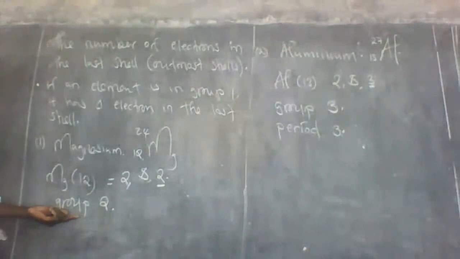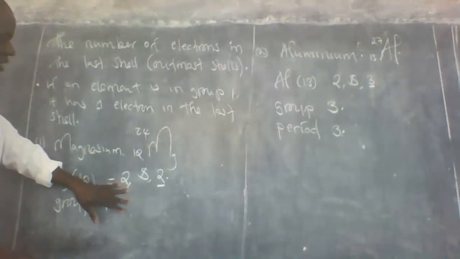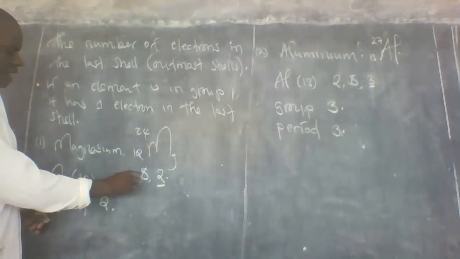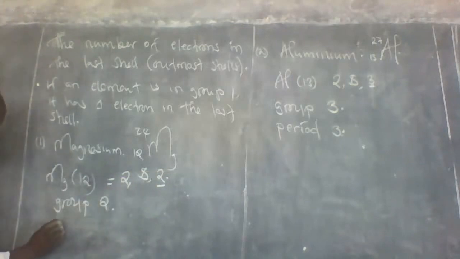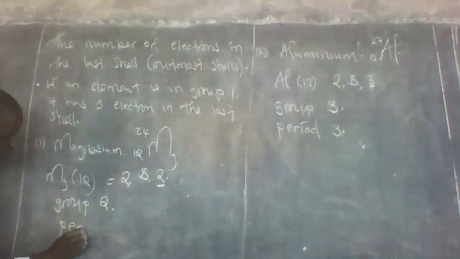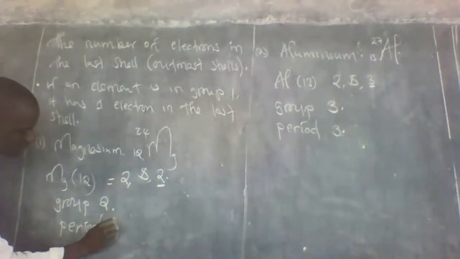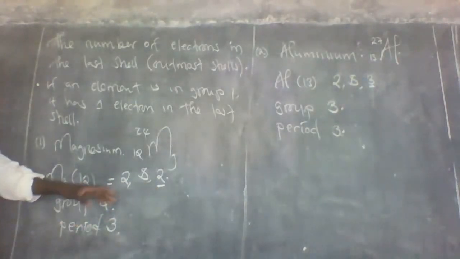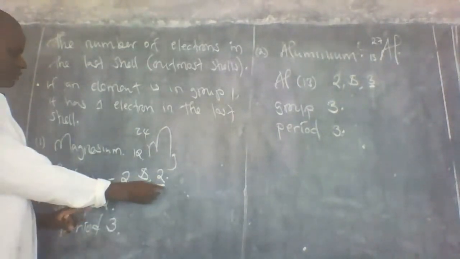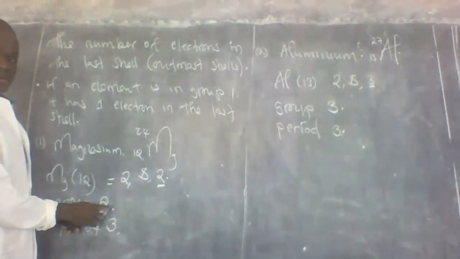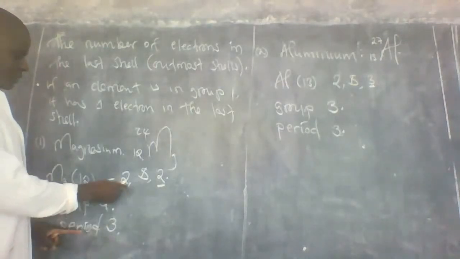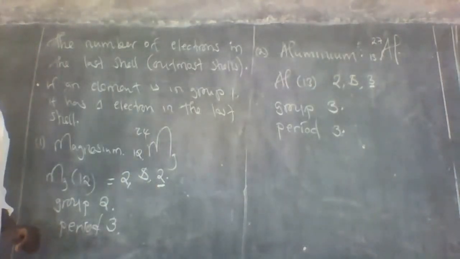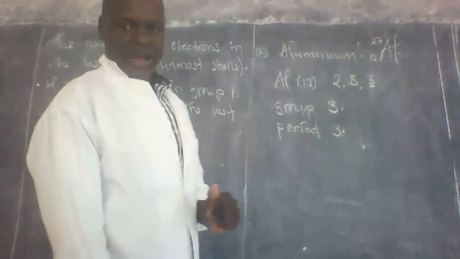If you come back to magnesium, whose electrons occupy 3 shells, 1, 2, 3, we are likely to see magnesium also in period 3, but in group 2 because there are 2 electrons in the outermost shell, and in period 3 because there are 3 shells that are occupied.